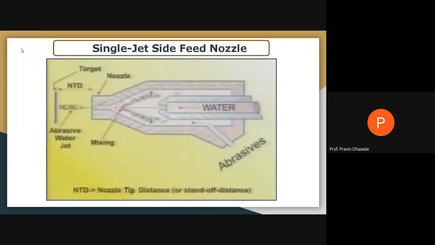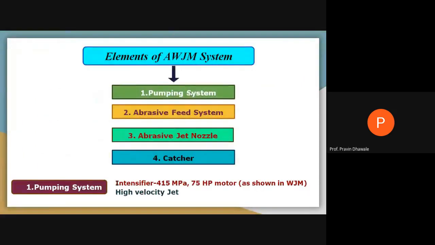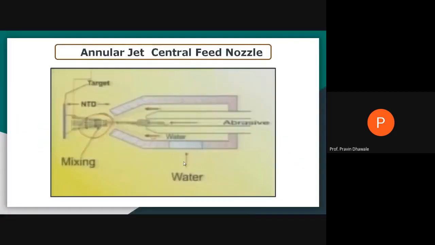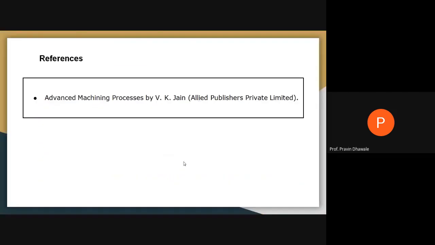We saw the different types of nozzle. In elements, we studied the pumping system, abrasive feed system, abrasive jet nozzle, and catcher. We studied each element in detail in the last lecture.